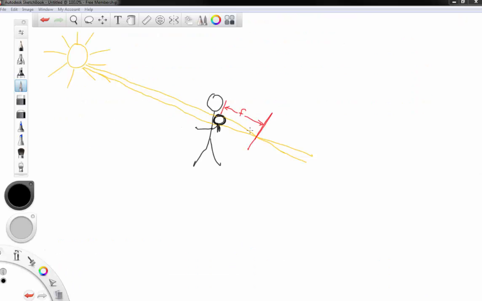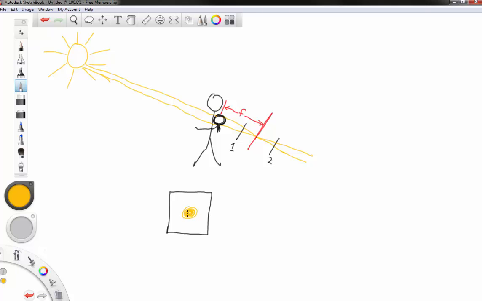Okay, so here's your focal point. Maybe you put the screen here and you put the screen here. This one we'll mark as 1, this one we'll mark as 2. On number 1, if you actually look at the screen, you see that the spot is like this.